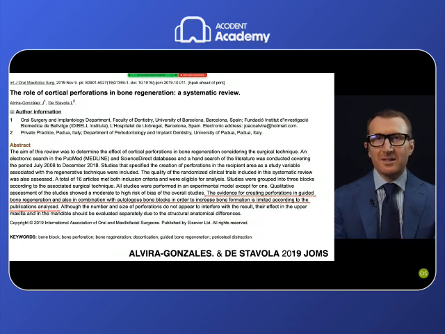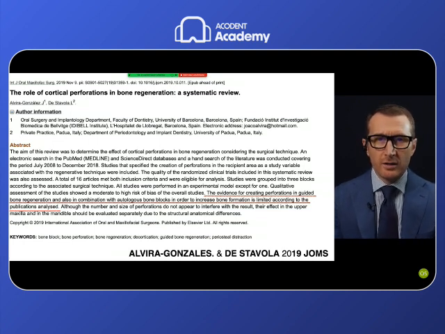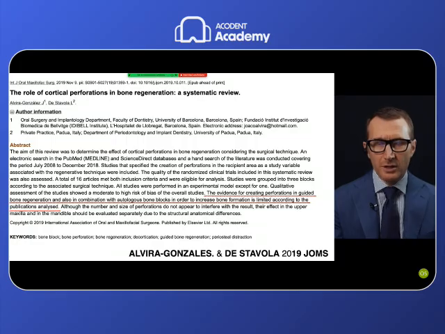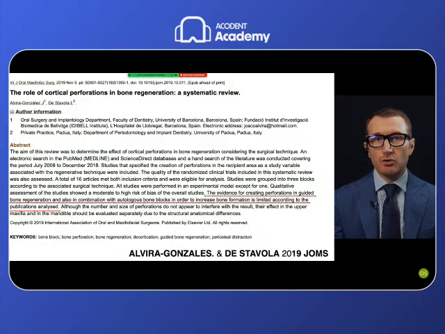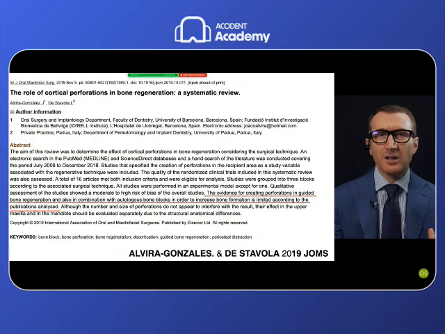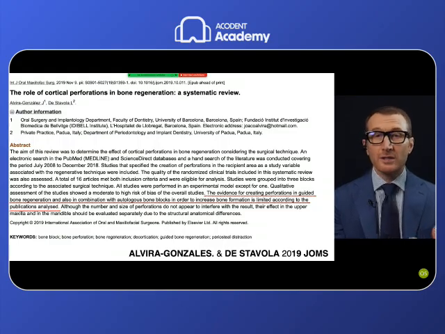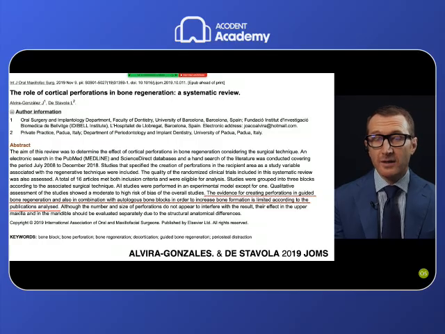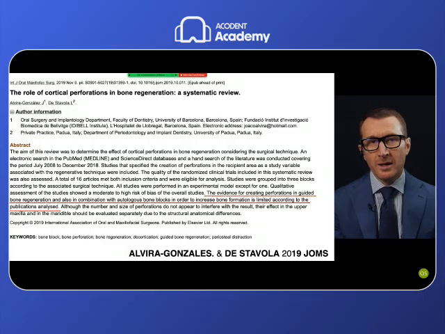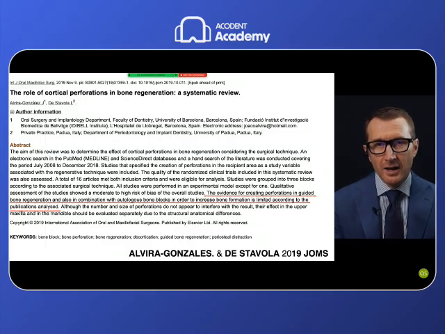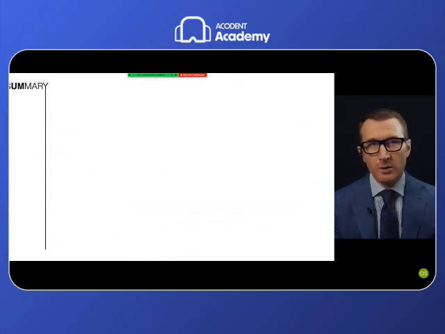So the message is not that it makes no sense to make perforation. It makes sense anytime we don't have a recipient site that is bleeding, but it's not a conditio sine qua non. We may also not perform perforation necessarily, and we are going to have new bone formation anyway.